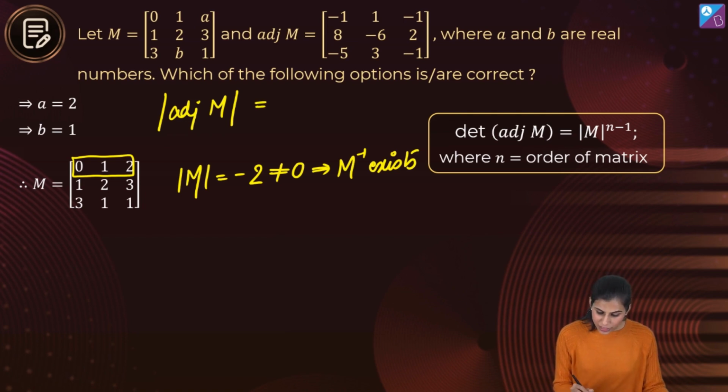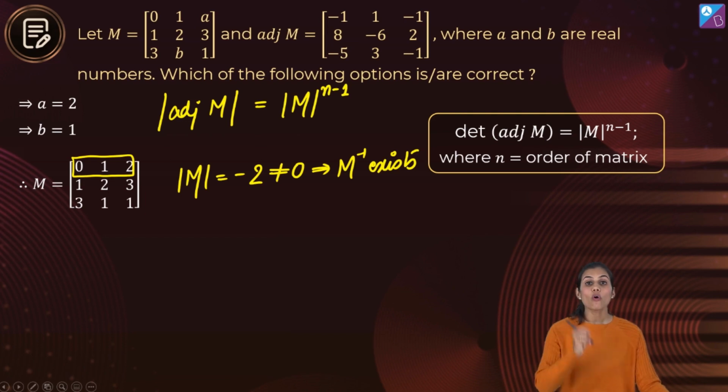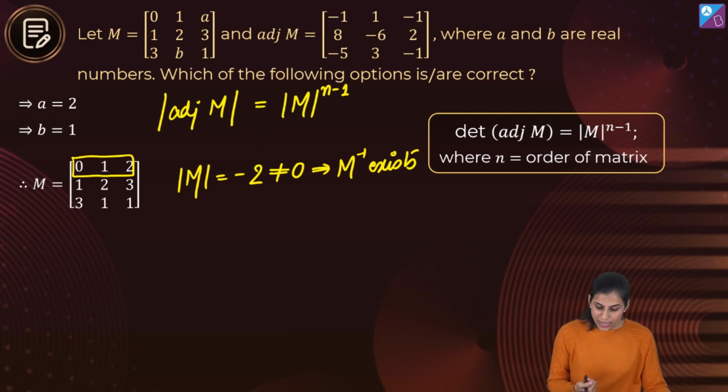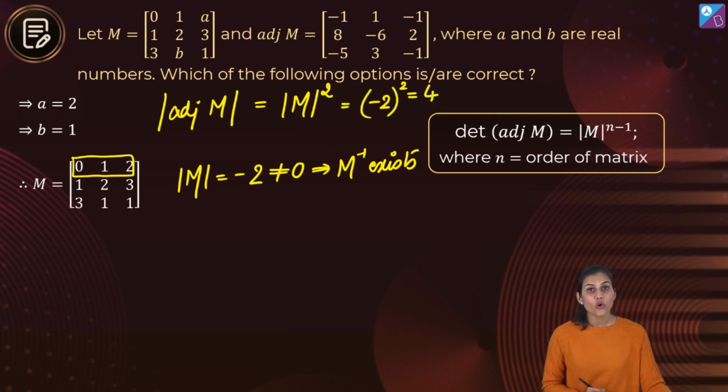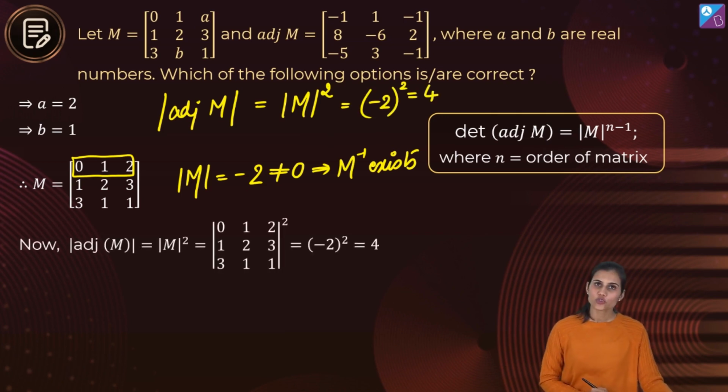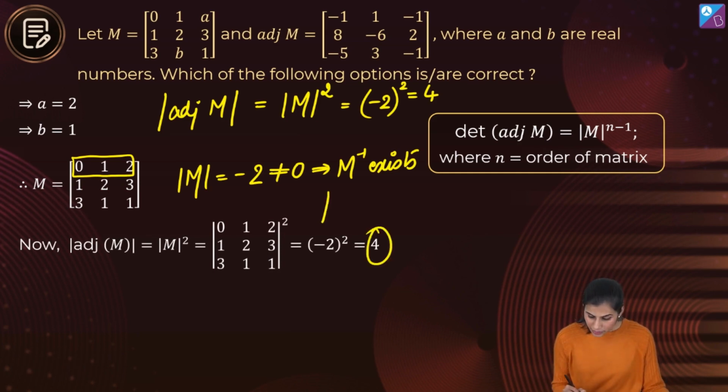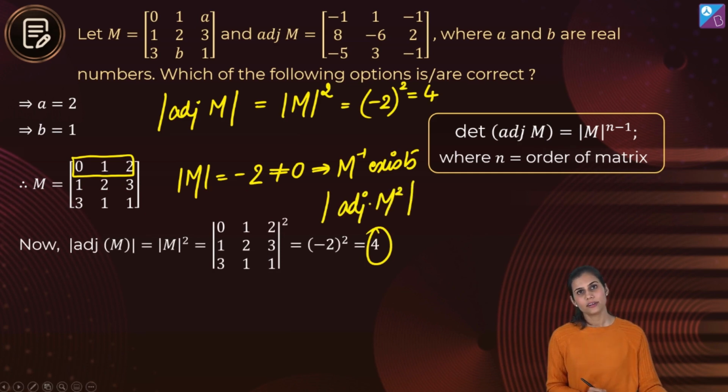It is equal to determinant of M to the power n minus 1, where n is the order of M. Here, the order of M is 3. So my answer will be determinant of M to the power 3 minus 1, that is 2. So determinant of M is minus 2. So minus 2 squared gives me 4. That means determinant of adjoint of M is coming out to be 4. Now I need determinant of adjoint of M square. Correct?